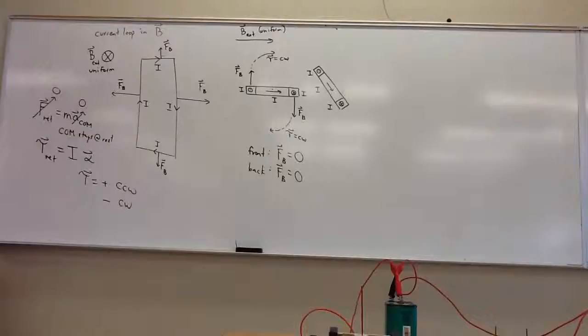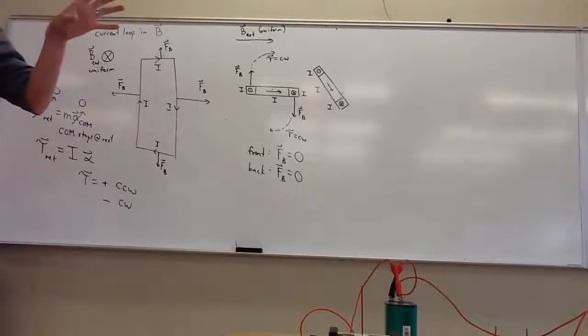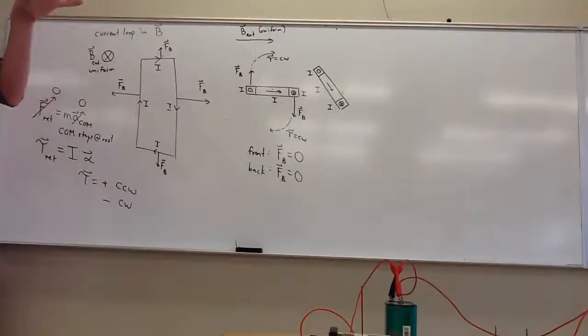So hopefully that's not too cluttered. I also want to make it clear, I'm not indicating that the loop is going to the right. I'm just drawing it further to the right on the board because obviously I can't draw all this stuff on top of each other, right? It's just rotating in place. It's not moving to the right. I'm just trying to draw a little bit of a time lapse of this rotation. Okay?